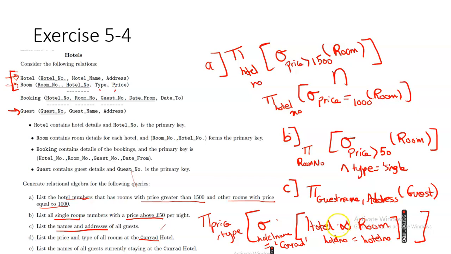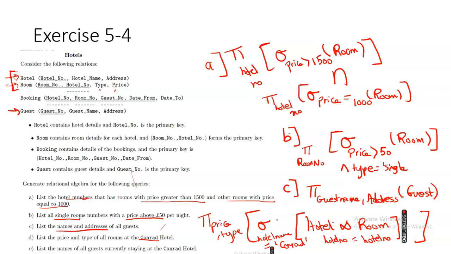Because when we make a product, a lot of redundant and unwanted rows will be generated. For example, we are going to link rooms to hotels, rooms that are not found in these hotels. So we want to extract the useful data only.